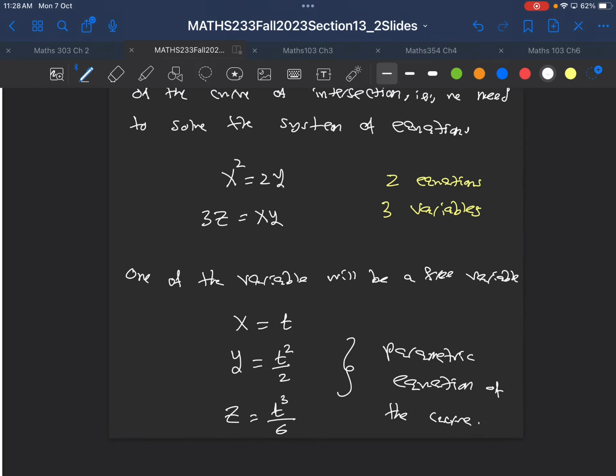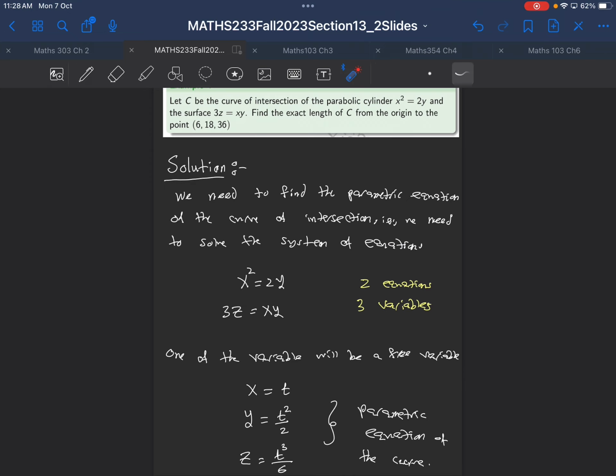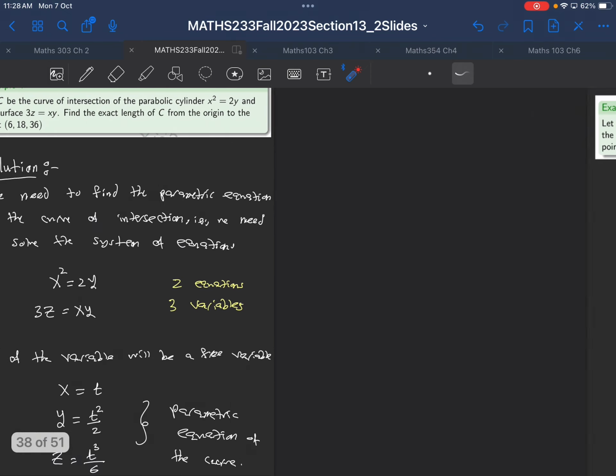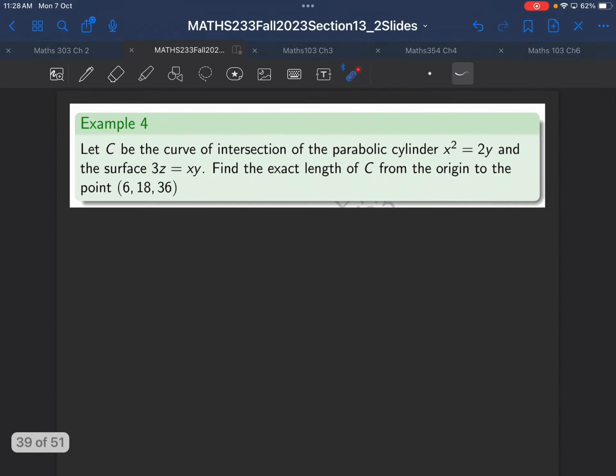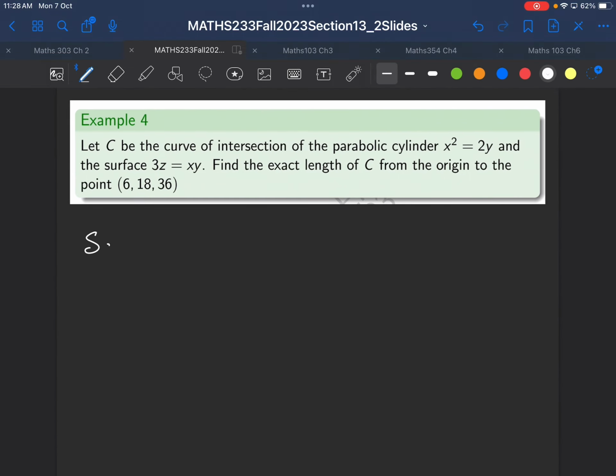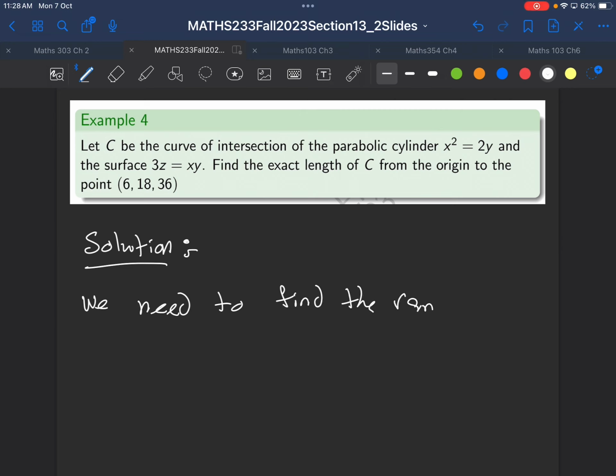What we are going to do next, we need to find the range of t from the origin to this point. So just go to the next page and we'll continue. So we have the solution. We need to find the range of t.